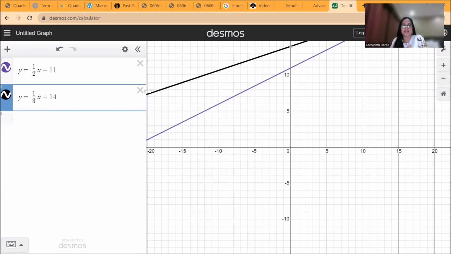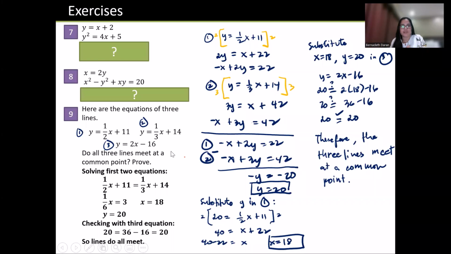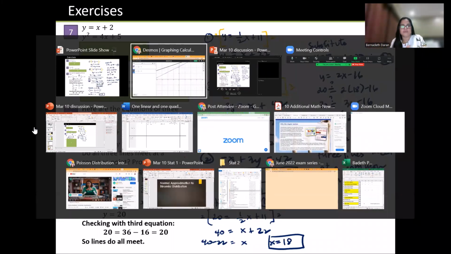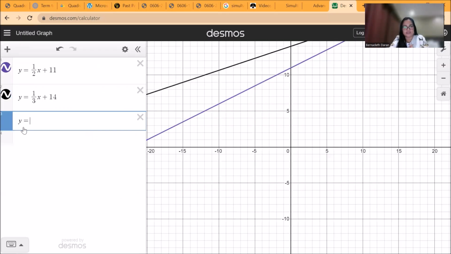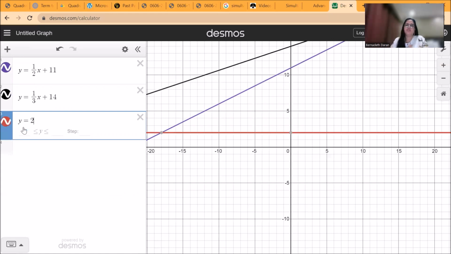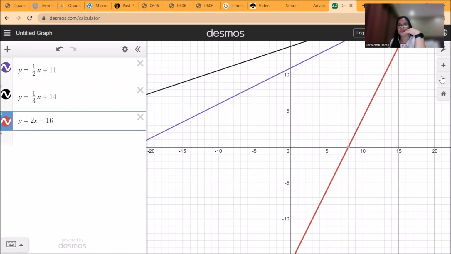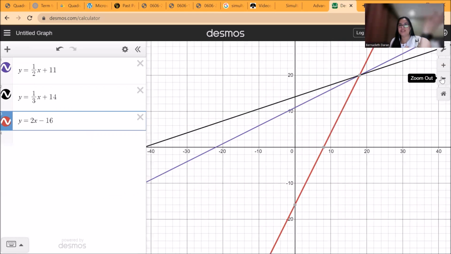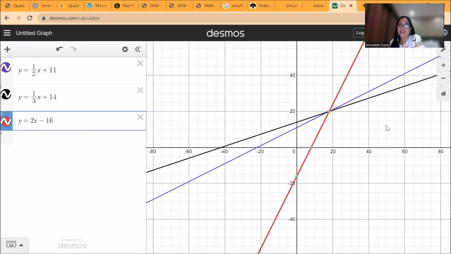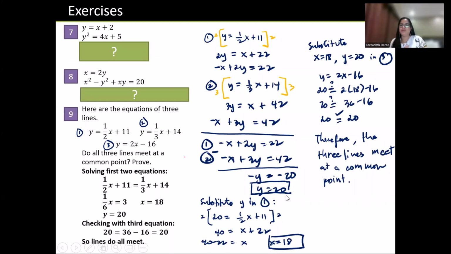Okay, so it's the black line. And we have y is equal to 2x minus 16. So let's see. As you can see, the three lines meet at one point, and that one point is 18, 20. That would mean the x value is 18 and the y value is 20. And that's what we also got.